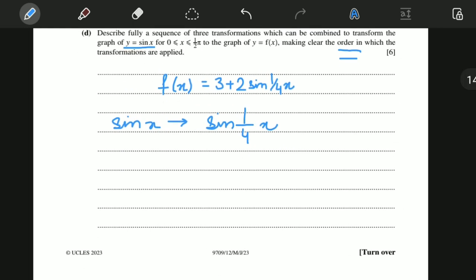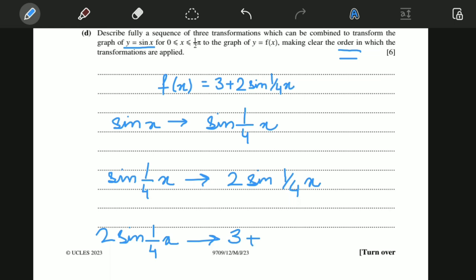Okay, then the second transformation was sine 1 by 4x was multiplied externally by 2. Then the third thing is 3 is being added to it. So this is the order of transformations, what is happening over here.